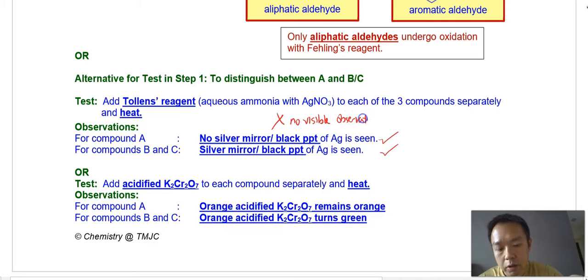That's not accepted. You always write the negative observation. So whatever silver mirror is the expected observation, then you write no silver mirror forms. If orange acidified potassium dichromate turns green, so in this case, the dichromate cannot oxidize your ketone, so it will remain orange. Okay, that's it for question 5.